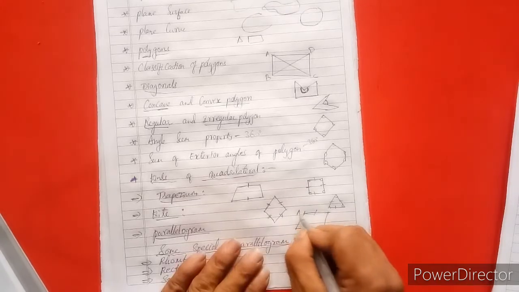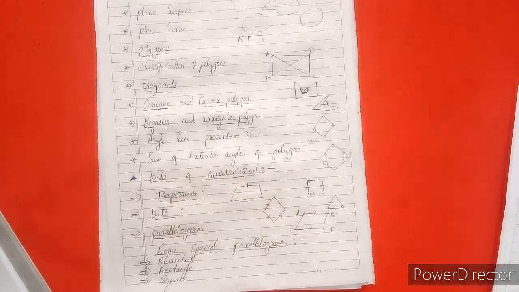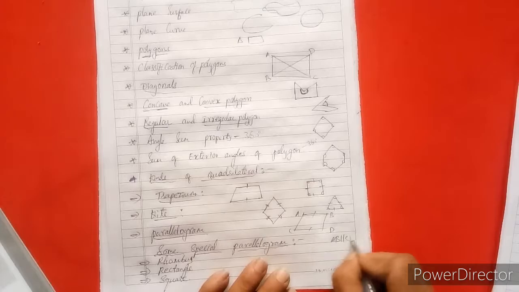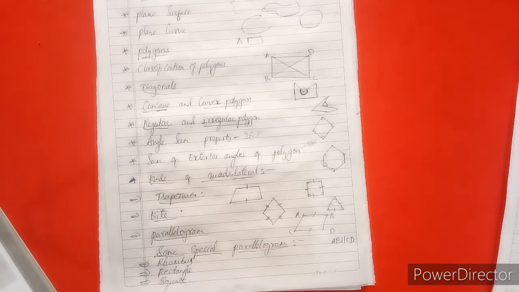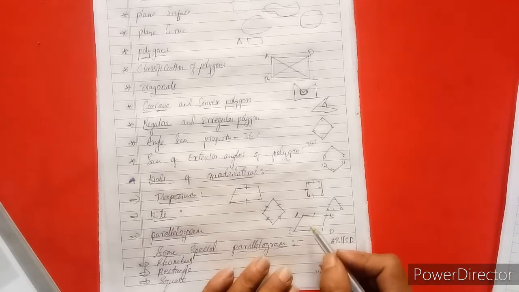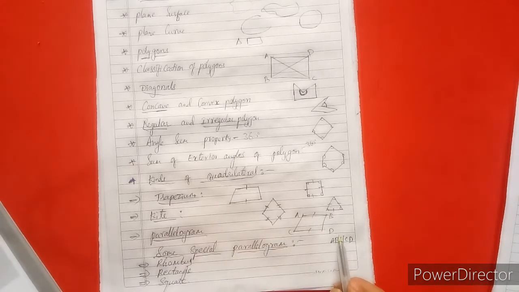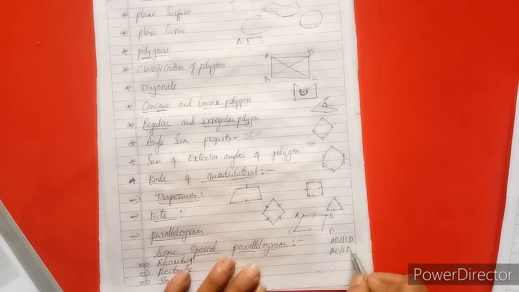So we call this A, this is B, this is C and D. We can say AB is parallel to CD, and AD is parallel to BC.